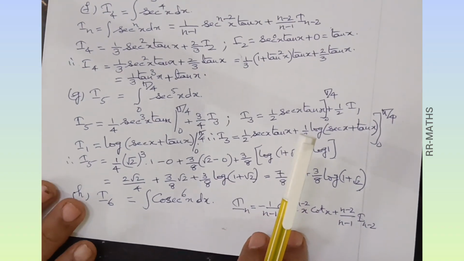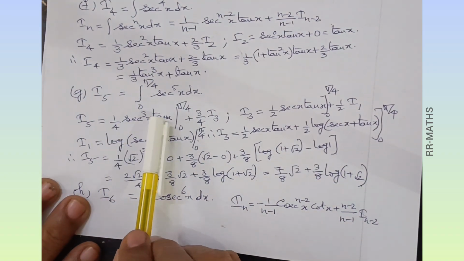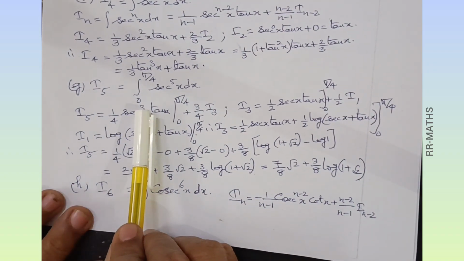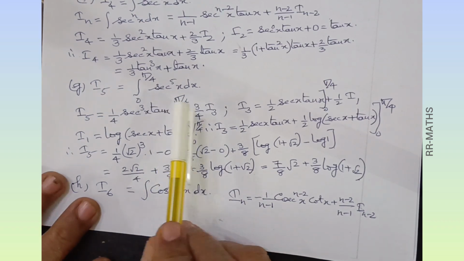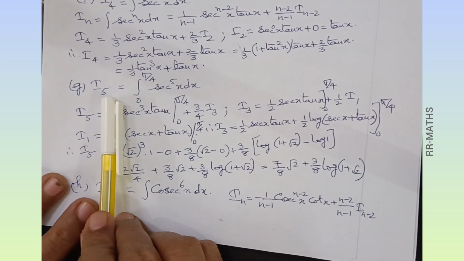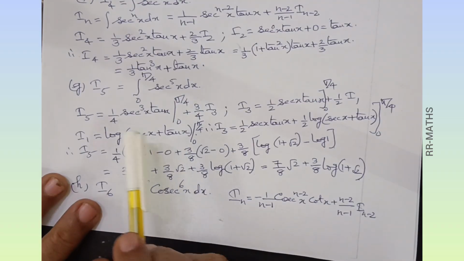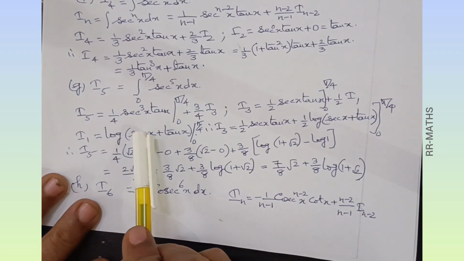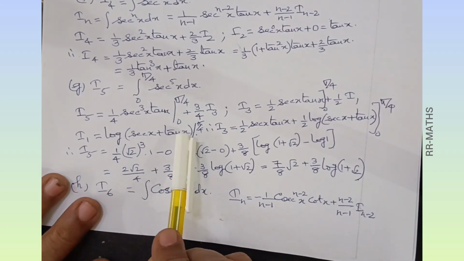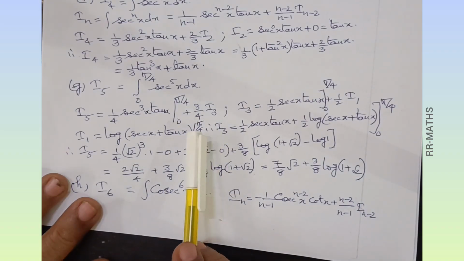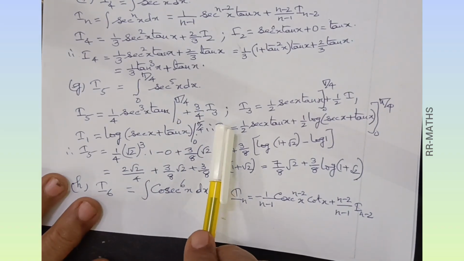Now I'll see a problem with the limits. Evaluate integral 0 to pi by 4 secant to the power of 5 x dx. I call it as I5. I use the same formula, but I'll substitute the limits in between. So you get 1 by 4 secant cube x tan x, limit varying from 0 to pi by 4 plus 3 by 4 I3.